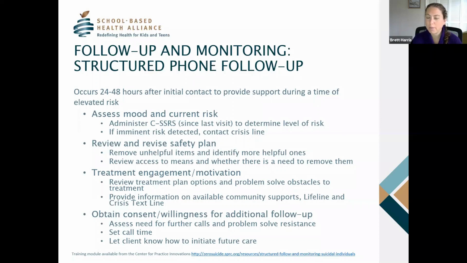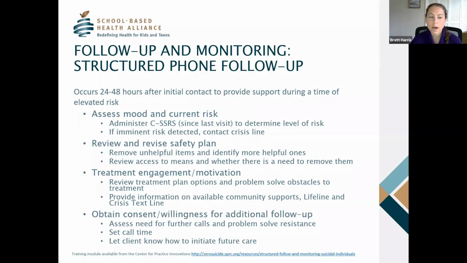And then again, information about community supports, Lifeline, crisis text line. I can't stress that enough, to make sure that youth, adults, whomever the patients are, have access to these numbers and are continually reminded about them. Even if a patient screens negative on the Columbia screen, that there's no risk, just providing these numbers.